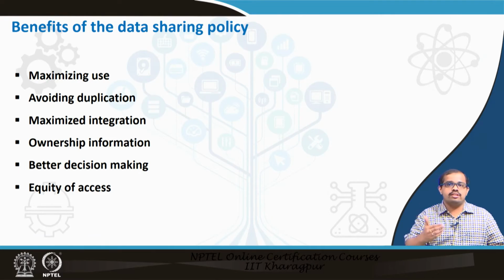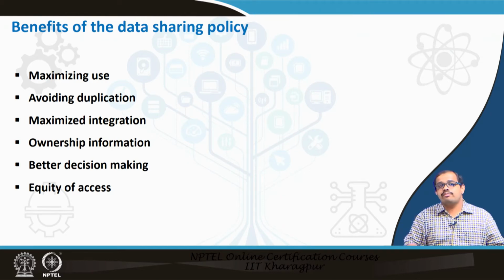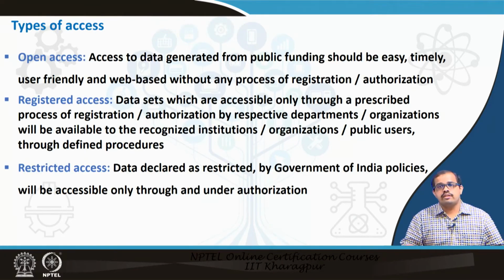So the policy is towards making decision making much easier. Then equity of access. Equity of access is never there in spatial data, so this particular policy is moving towards equity of access. That is why you need such policies, even with whatever data sharing we have.